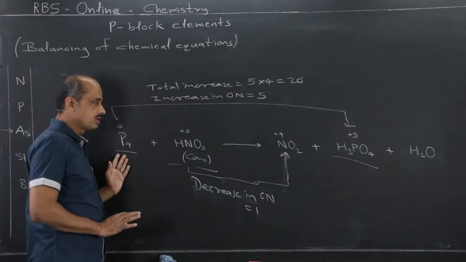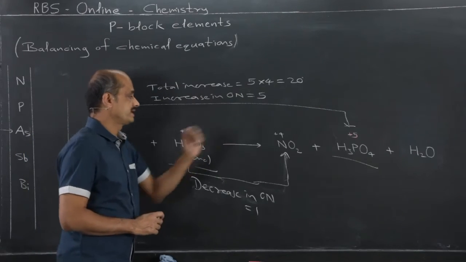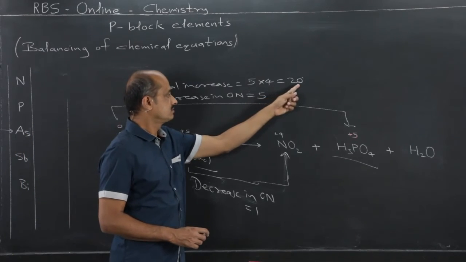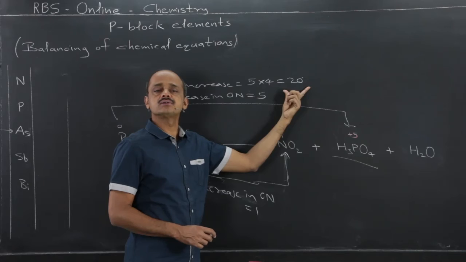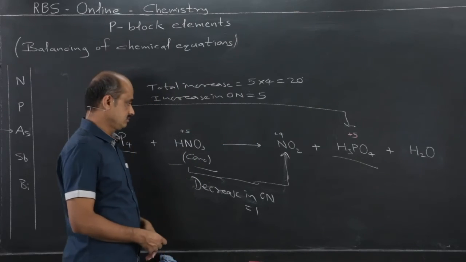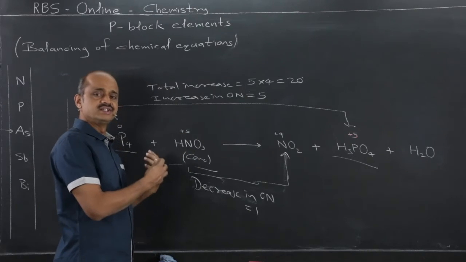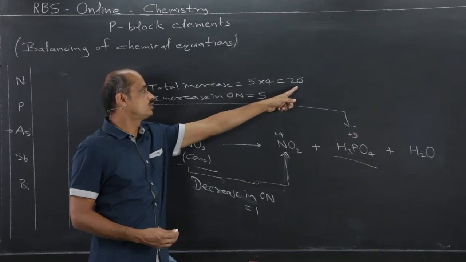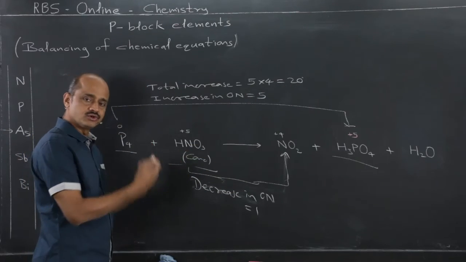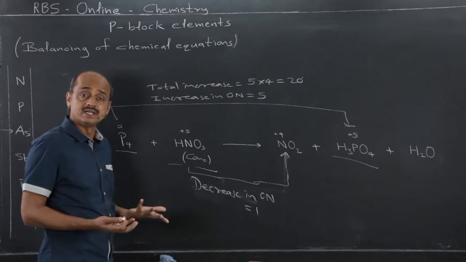So if 1 molecule of phosphorus changes to phosphoric acid, the total increase in oxidation number is 20. So if released electrons, or tendency to release electrons, is total 20 for one molecule, then total decrease in oxidation number, total tendency to accept electrons, should also be 20.